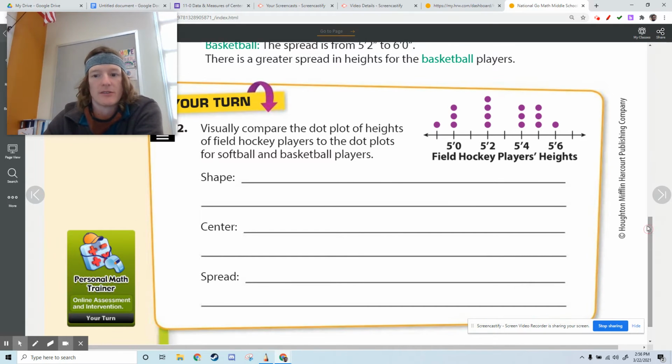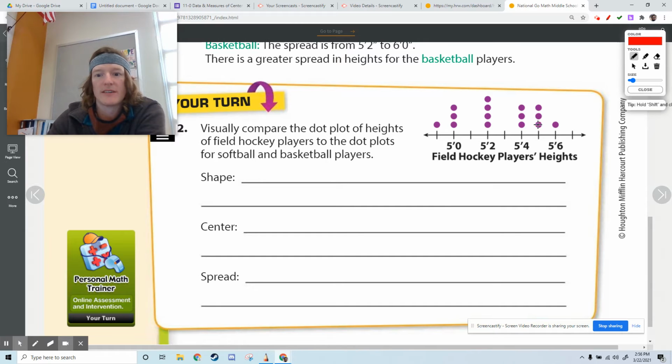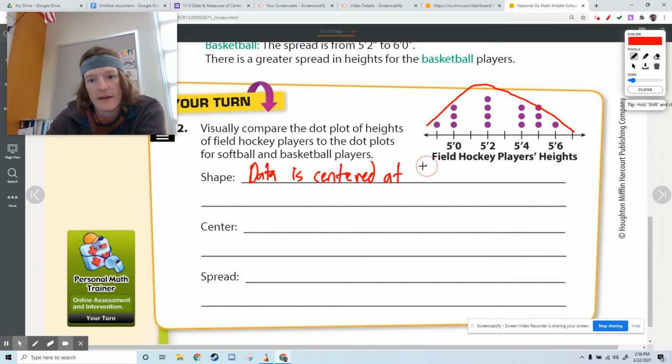players. So let's look at our shape. We are kind of centered around 52. It's pretty evenly spaced out, but it gets kind of lower as we go to the outside, right? So the data is centered at 5'2".